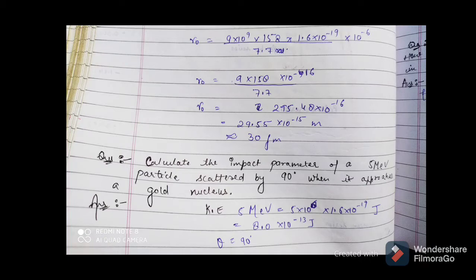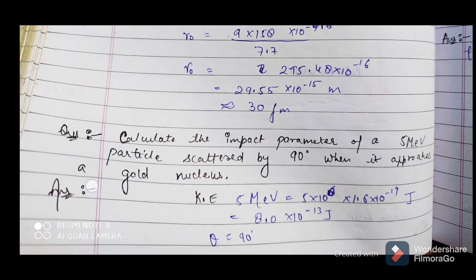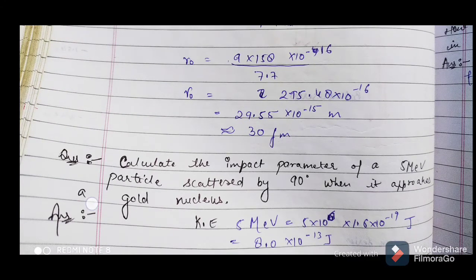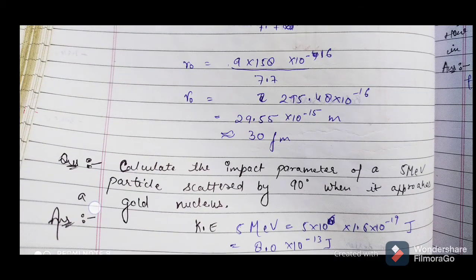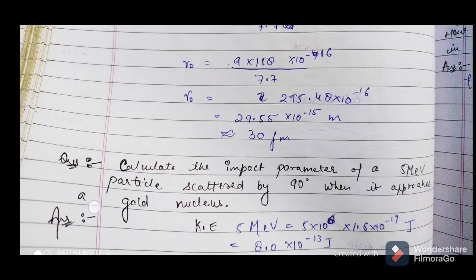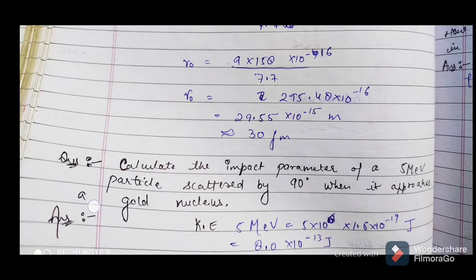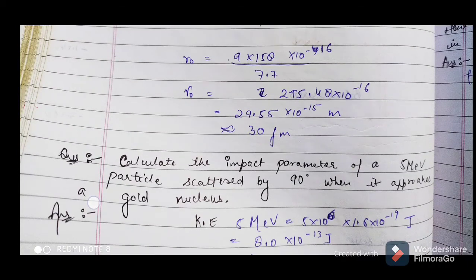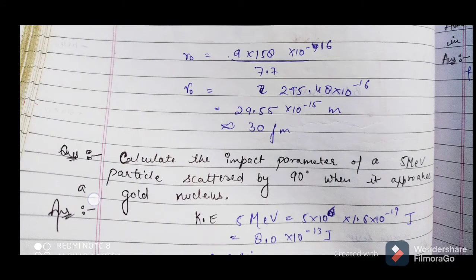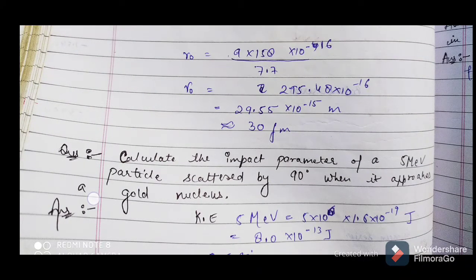So for solving, kinetic energy is equals to 5 mega electron volt, which is equal to 5 into 10 to the power 6, mega being 6, and electron volt, that is 1.6 into 10 to the power minus 19 joule. This is the correct way to solve the question in terms of joule. So we get kinetic energy equals 8.0 into 10 to the power minus 13 joule. This is the final kinetic energy which we are going to use in our formula.